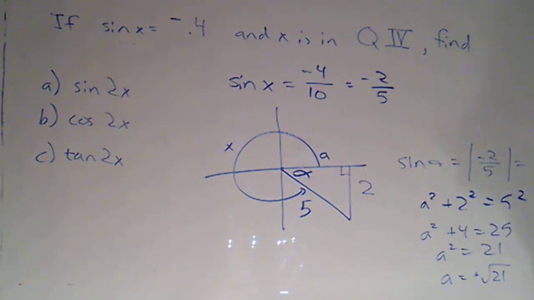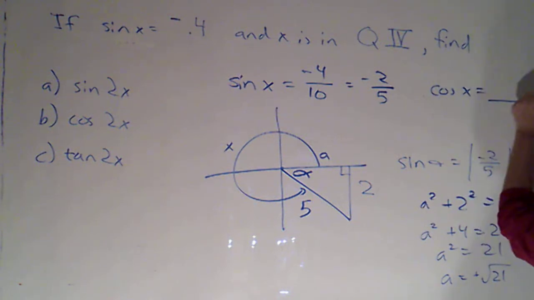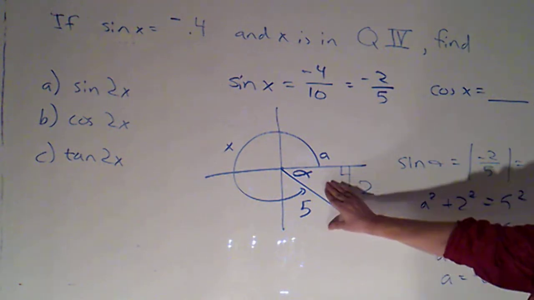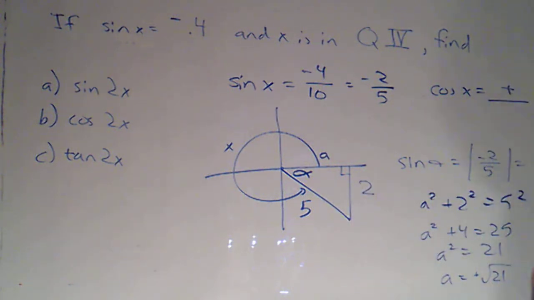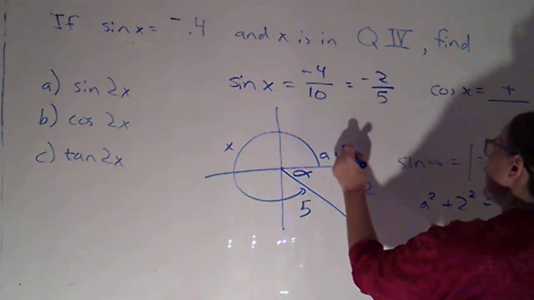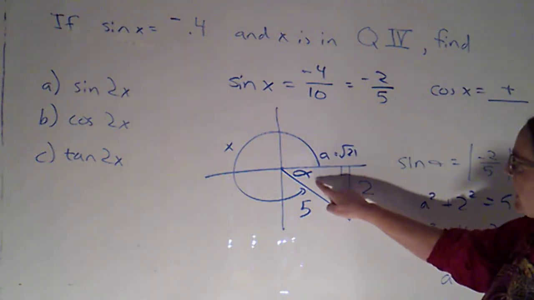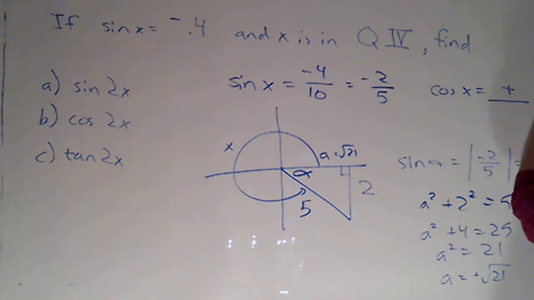Okay. So now I can say cosine of x, two-step process. I'm in quadrant 4, so cosine is going to be positive. And then I attach to that cosine of alpha, which would be root 21 over 5.